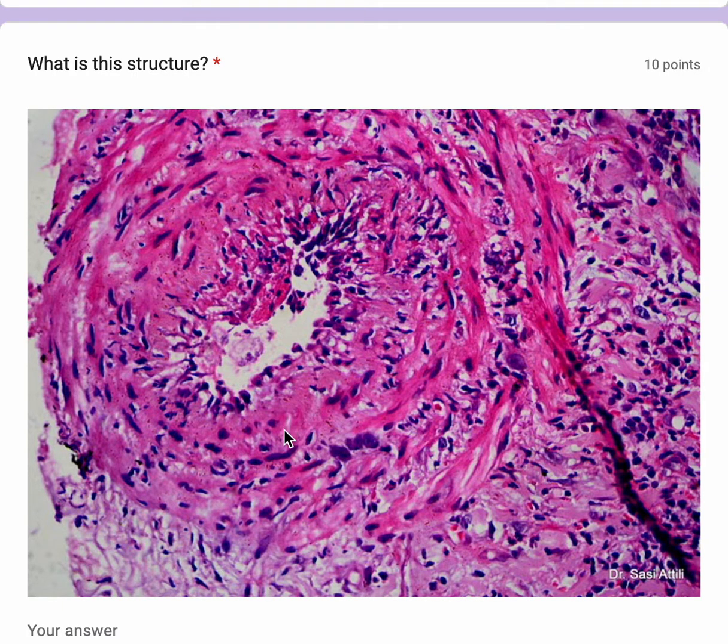You can see lots of inflammatory cells within the vessel wall. The vessel wall itself looks a bit degenerate. A bit of fibrinoid necrosis is starting to appear here. The vessel wall looks quite sick and damaged, and you can see it's starting to get necrosed. So this is definite medium vessel vasculitis with surrounding small lymphocytes and a few polymorphs.